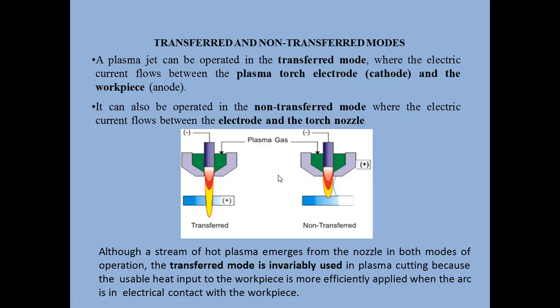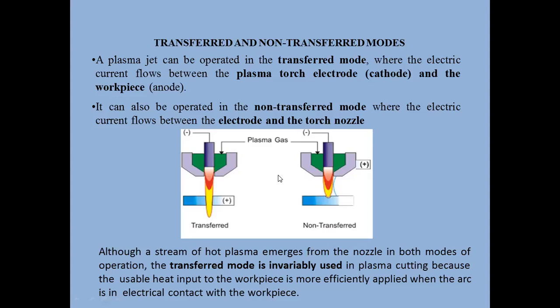Although a stream of hot plasma emerges from the nozzle in both modes of operation, the transfer mode is invariably used in plasma cutting, because the usable heat input to the workpiece is more efficiently applied when the arc is in electrical contact with the workpiece.